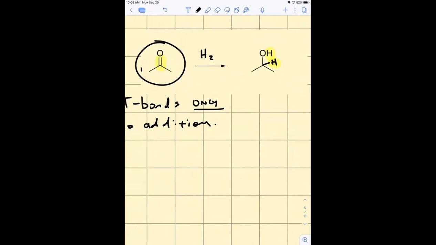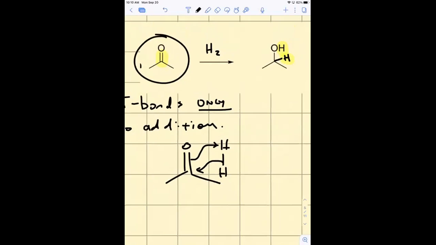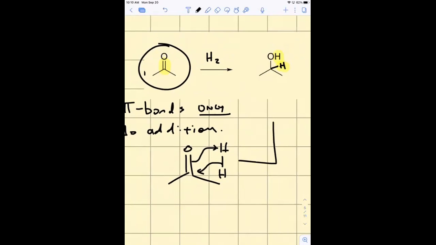But in this case, I'm going to show you a simplified version of what happened, so we can just understand the addition part. So if I have a H here and an H here, if we add to the pi bond and then use the pi bond to pick up that proton, that's exactly what happened. Or that's what it looks like happened.